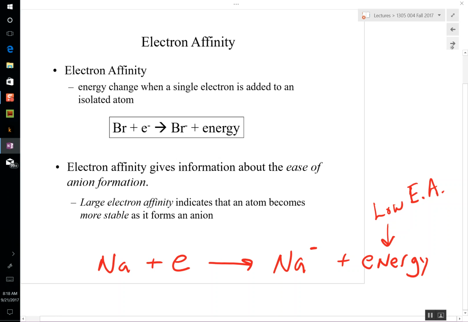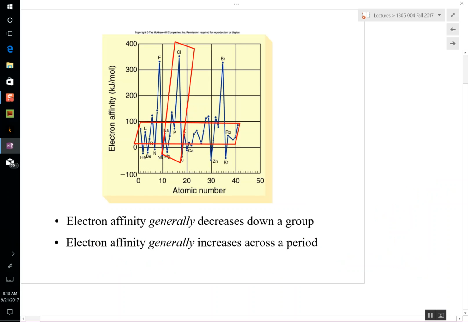So let's see what the trend is. Here is electron affinity. Atomic number, there's sodium, magnesium, phosphorus, there's chlorine. Chlorine, to go to chloride, very high electron affinity, releases a lot of energy.